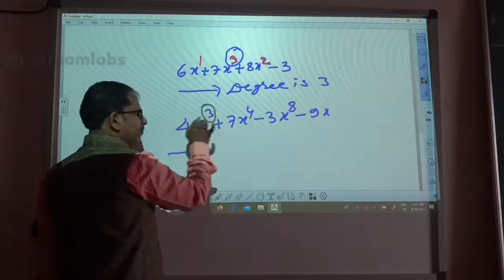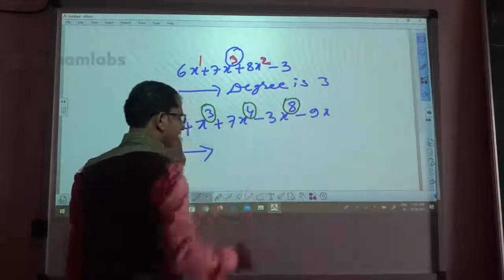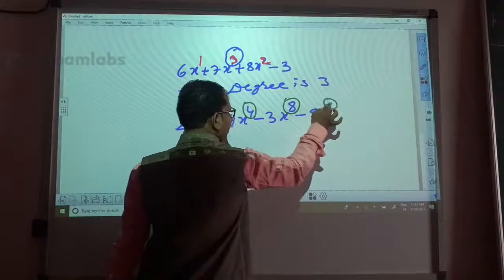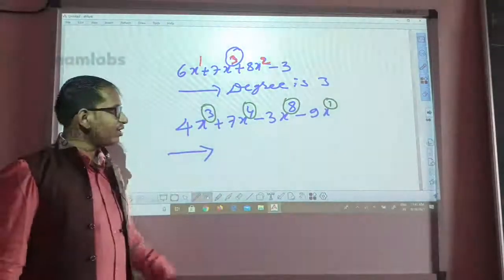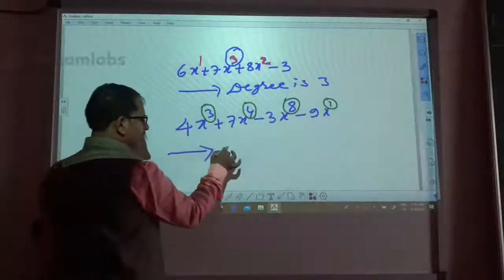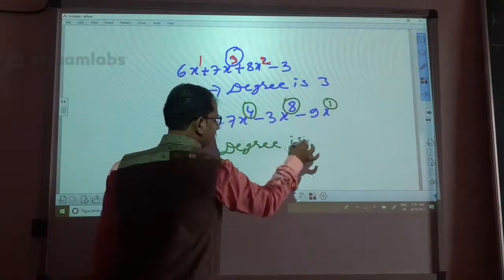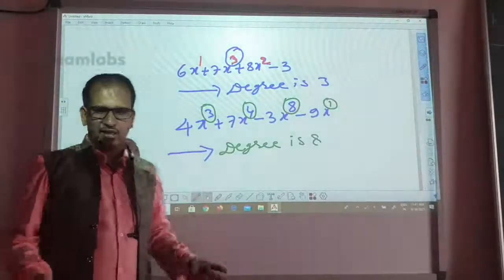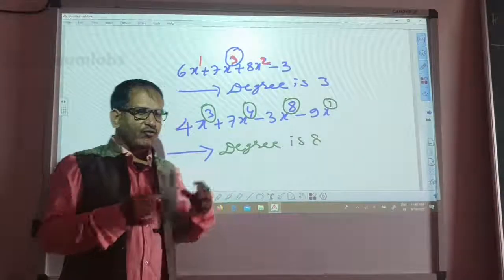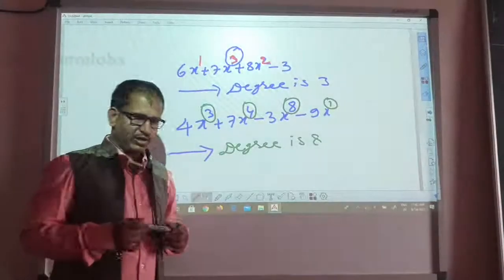Here 3, here 4, here 8, here 1, right? Which is the highest power? 8 is the highest. So the degree of the polynomial is 8. Like this we will find the degree of the polynomial also.